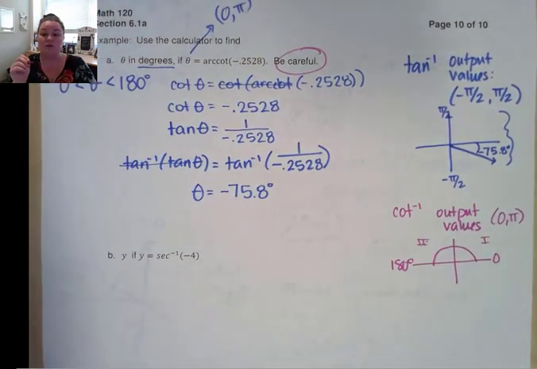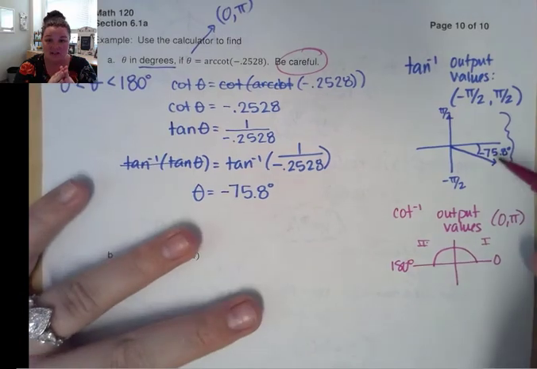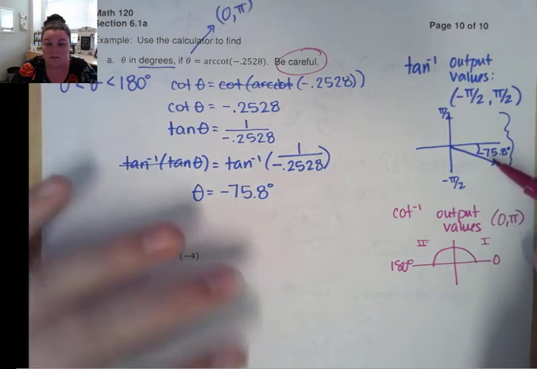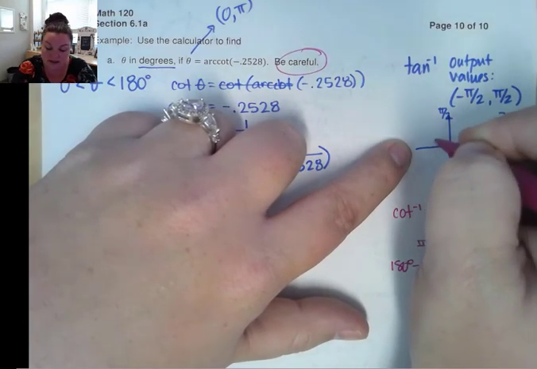What we can do is use the idea that if we have the same reference angle, then we have the same tangent value. So I can use the same reference angle as this 75.8 degree angle, but reflect it across.